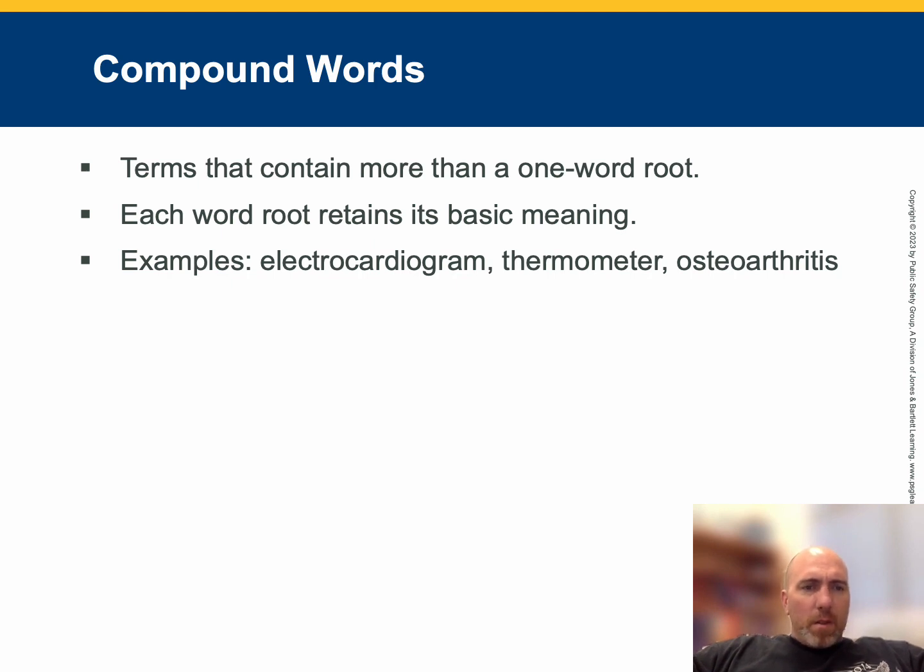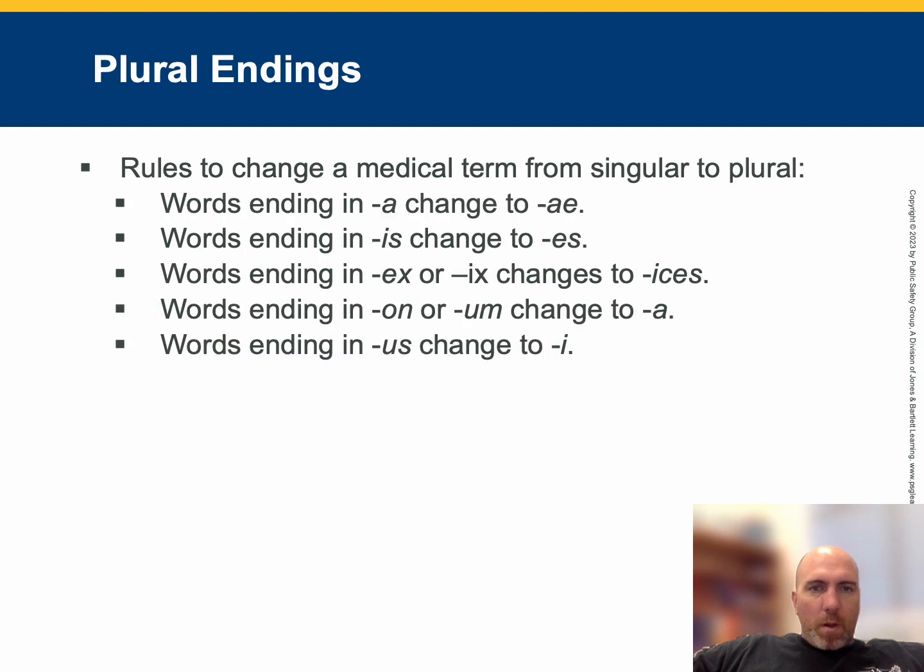Compound words are terms that contain more than one word root. Each word root retains the basic meaning. Examples are electrocardiogram, thermometer, and osteoarthritis.